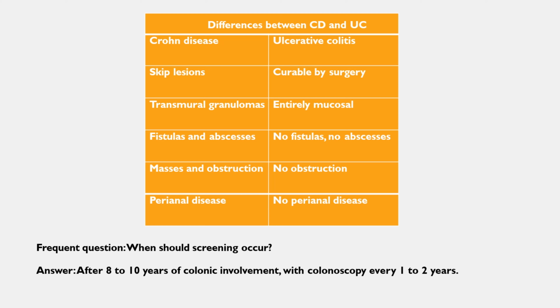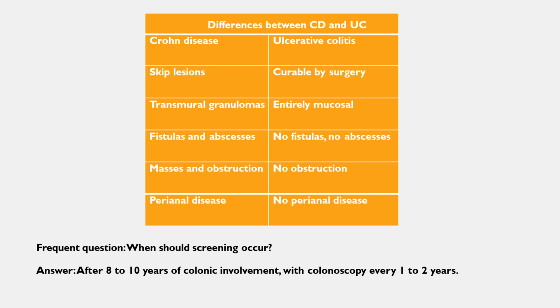There is a review table of the differences between CD, or Crohn's disease, and UC, which is ulcerative colitis. Let's start with CD. In CD usually we have skip lesions, number one. Number two, transmural granulomas.